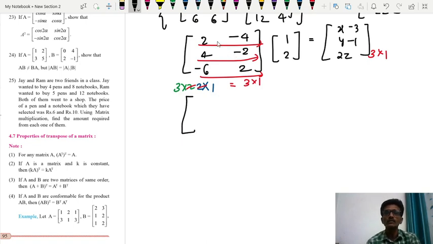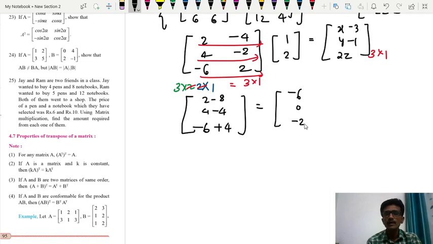First row into column, that is 2 and minus 8. 4 and minus 4. Minus 6 plus 4. And this will be equal to what? इसको सॉल्व कर सकते हैं. Minus 6, ये होगा 0, and this is equal to minus 2.